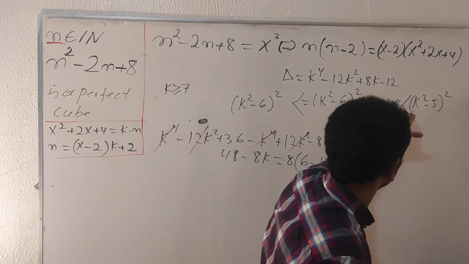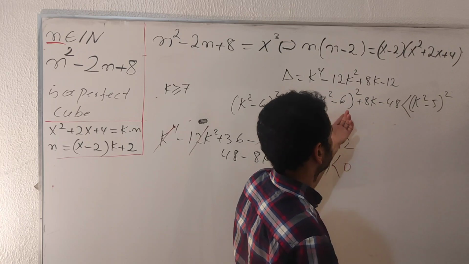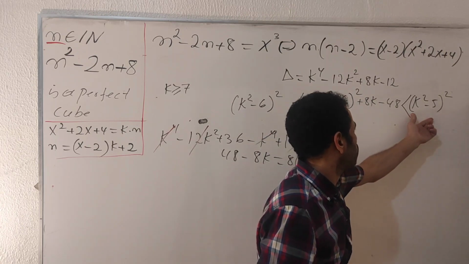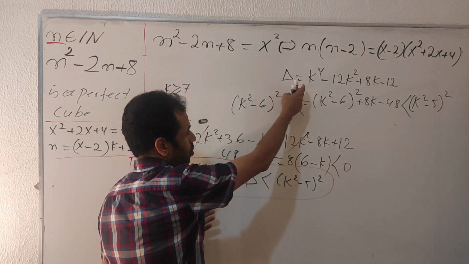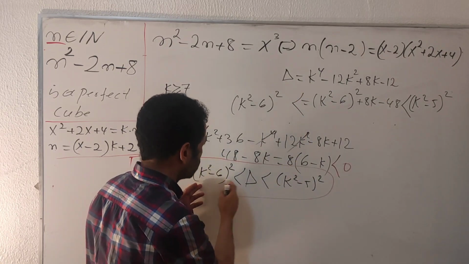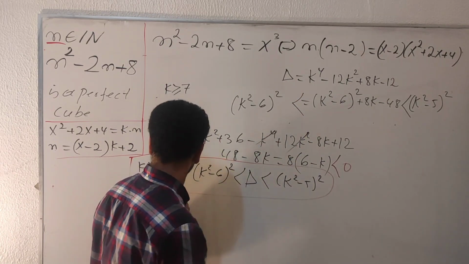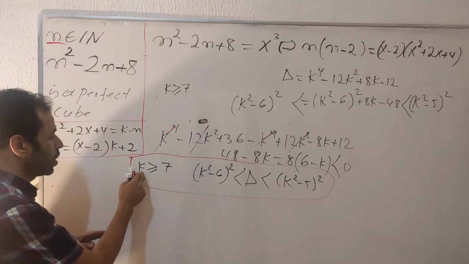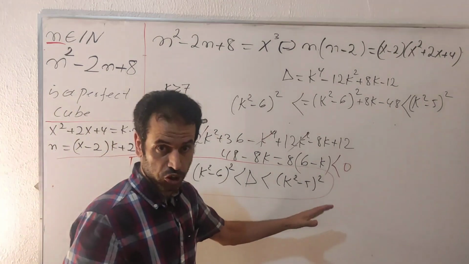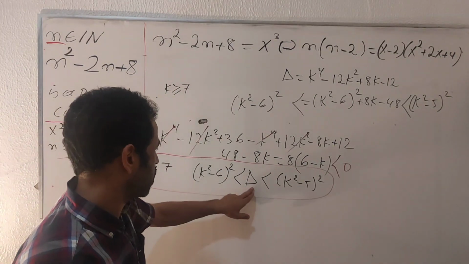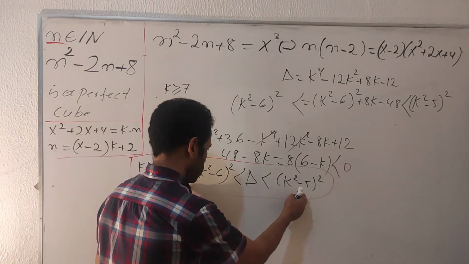Okay, for the right hand side of this inequality, it's clearly this one, it's inferior to this one, which means we have proven a perfect square, which is delta, is between two consecutive squares for all k superior or equal to 7. This is impossible to be true because you cannot find a perfect square between two consecutive squares.